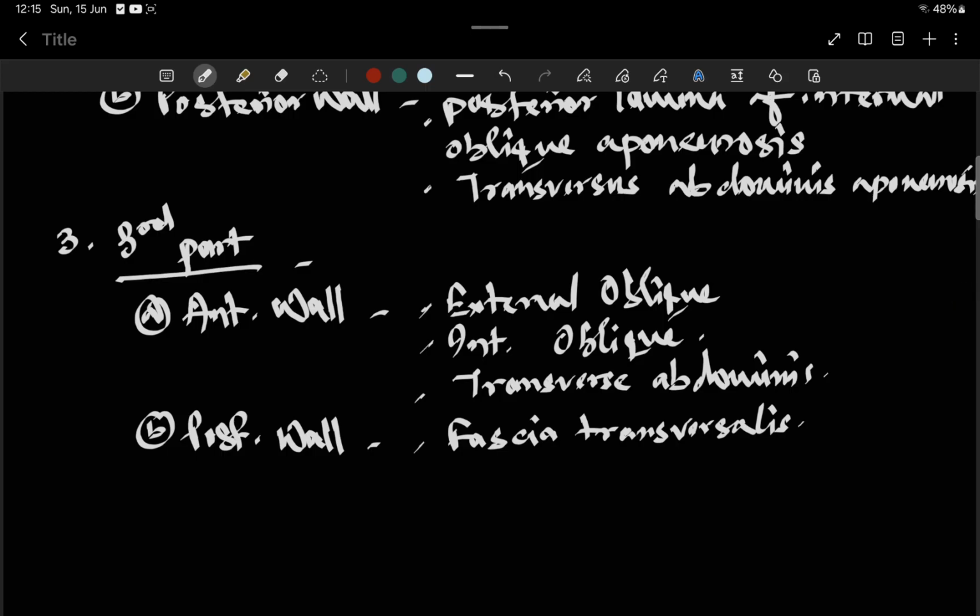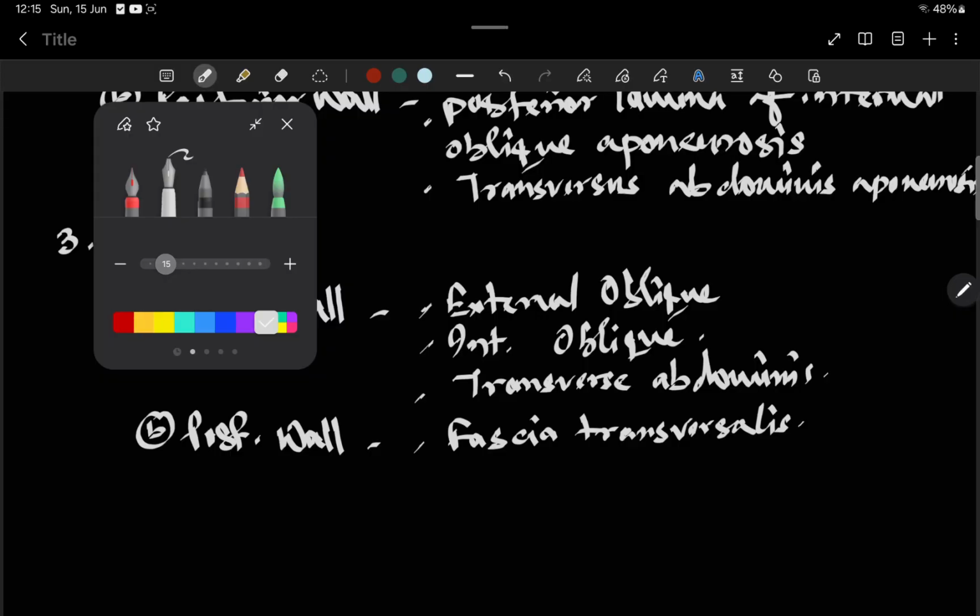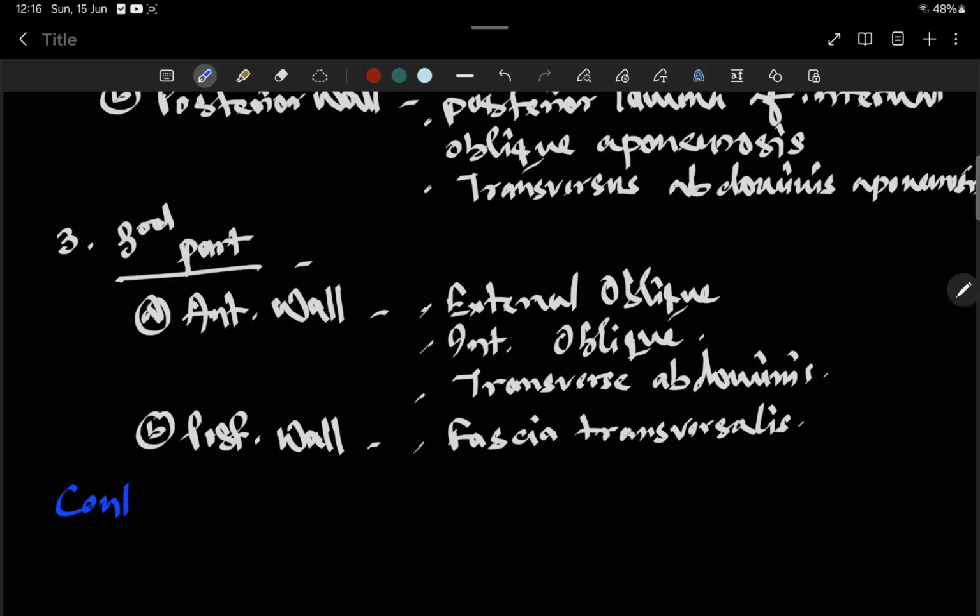Now the next topic, we will study about the contents of rectus sheath.